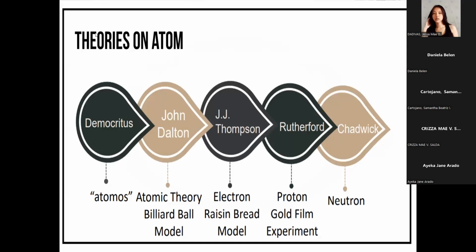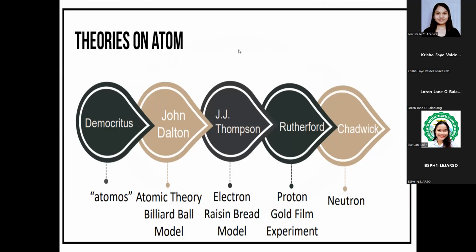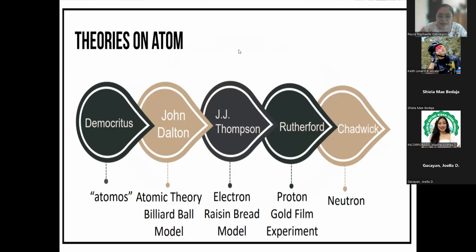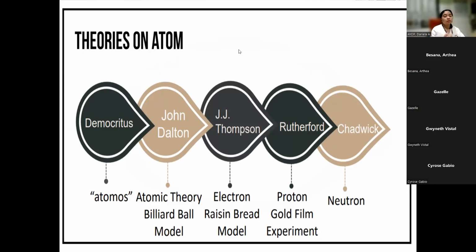So to summarize the theories on our atom, everything started with Democritus when he coined the term atomos. And then John Dalton made the billiard ball model for our atoms. And then for J.J. Thomson, it was called the raisin bread model. His name is Joseph John Thomson.